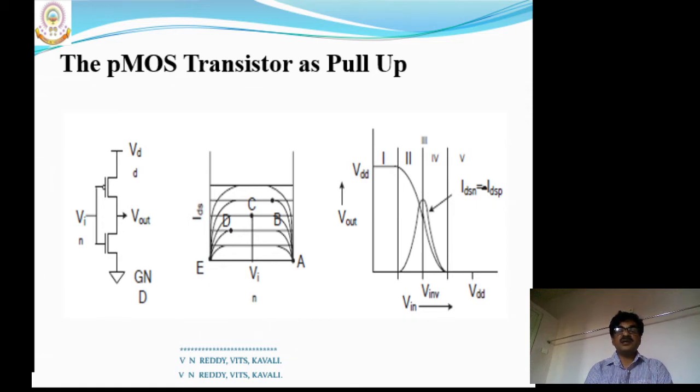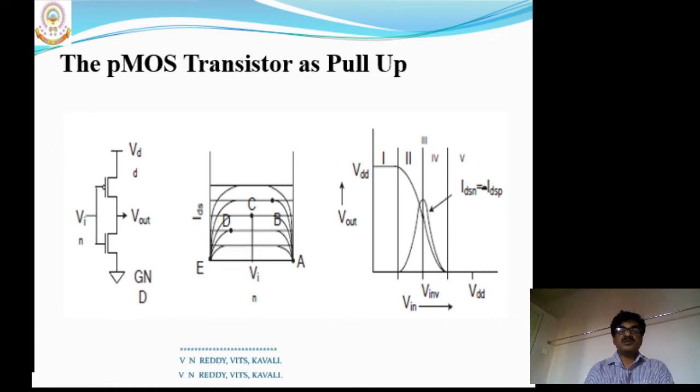In the characteristics also, at low input voltages we get high VDD voltage at the output. So with reference to case 1, it satisfies the inverter operation. What is inverter operation? Always the output is the complement of the input.